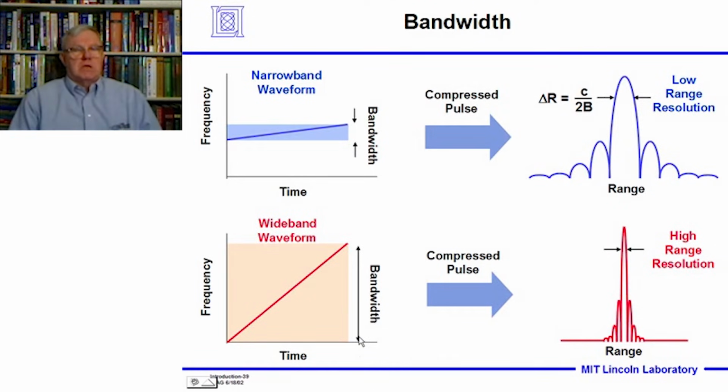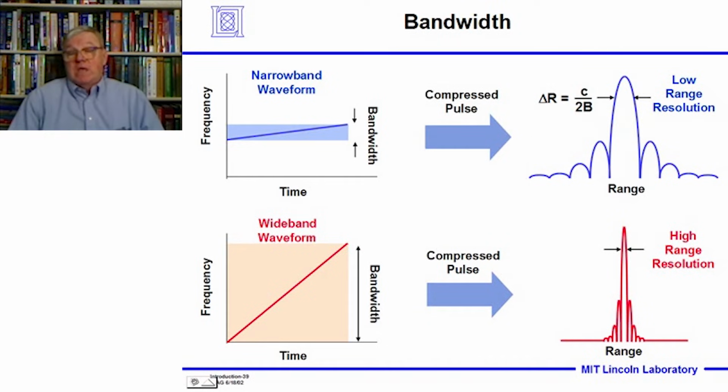Now, what else does this say? It turns out the absolute amount of bandwidth is easier to get at higher frequencies than at smaller frequencies, because it's pretty easy to get a bandwidth of about 10 or 15% of your center frequency. So if you have a radar at 1 gigahertz, it's pretty easy to get a tenth of a gigahertz, or 0.15 gigahertz, of bandwidth.